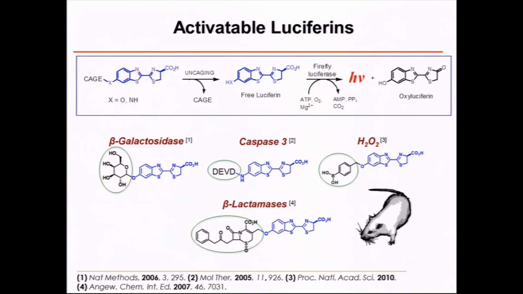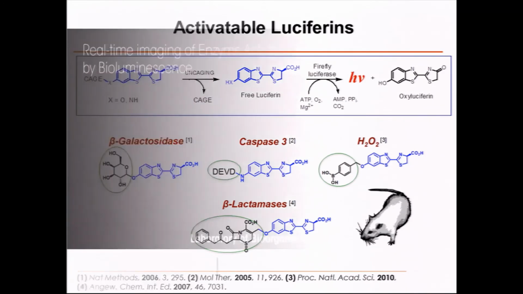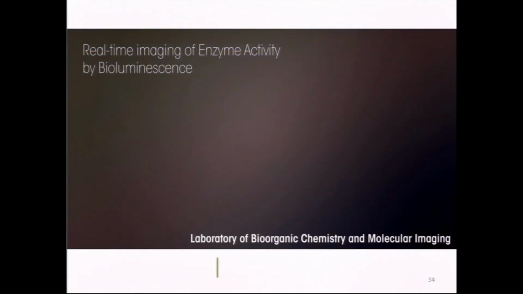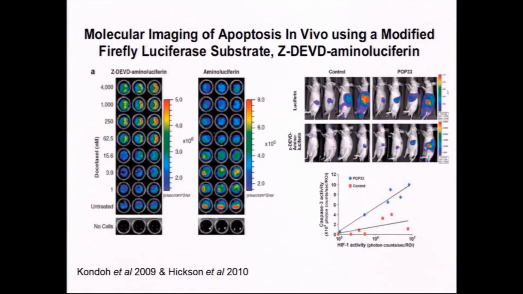She's come up with a new chemistry where you can modify the luciferin so it's activatable due to a certain enzymatic activity. The nice thing about that is you just engineer your animals once. So if you're looking at cancer, you can ask, is my cancer undergoing apoptosis? You can look at caspase activity by using a caspase cleavable luciferin.